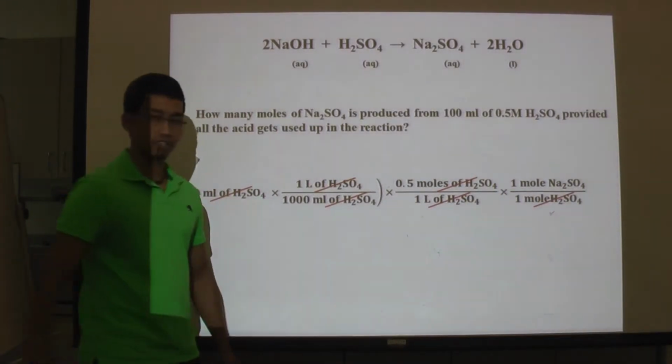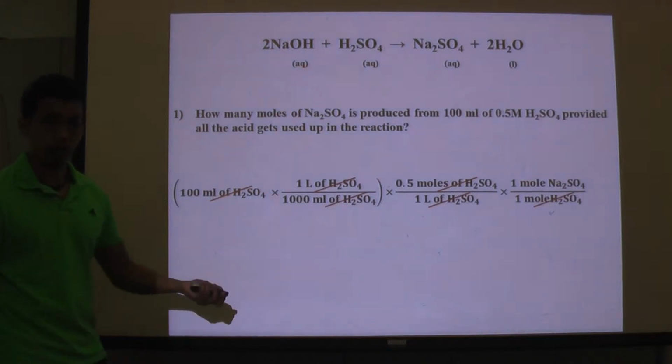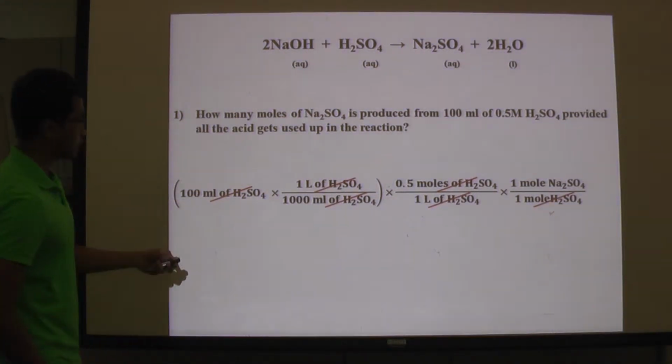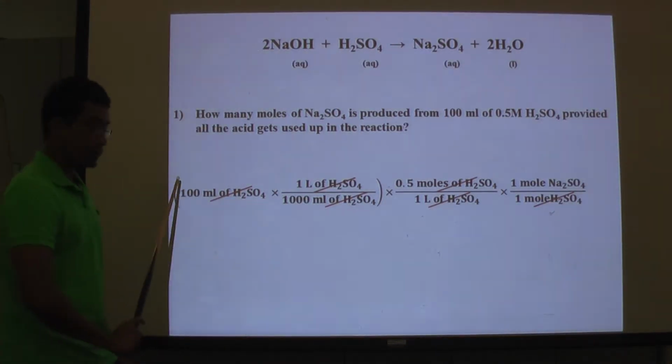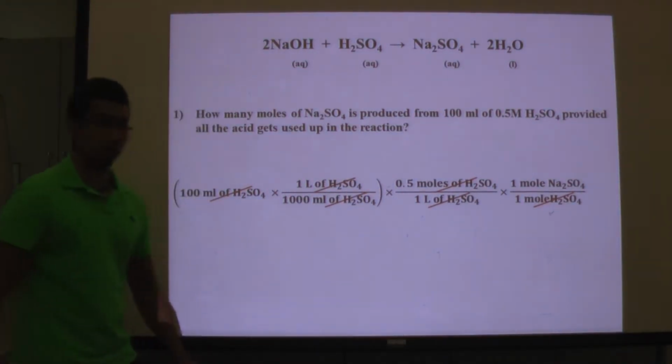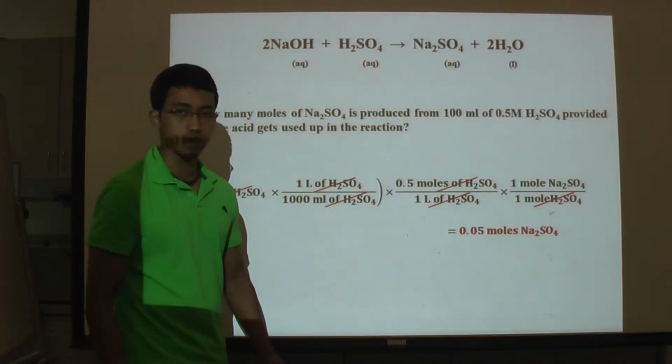What we are left with is the final answer, which is the moles of sodium sulfate, and that's what we are trying to find out. If we multiply all the numerators and divide by the product of the denominators, we get our final answer, which is 0.05 moles of sodium sulfate.